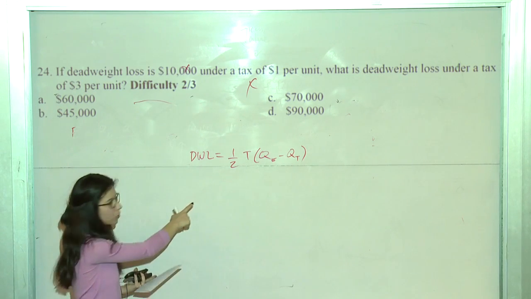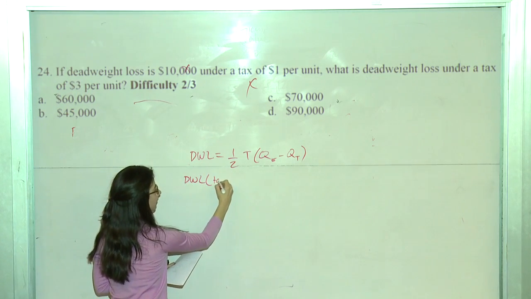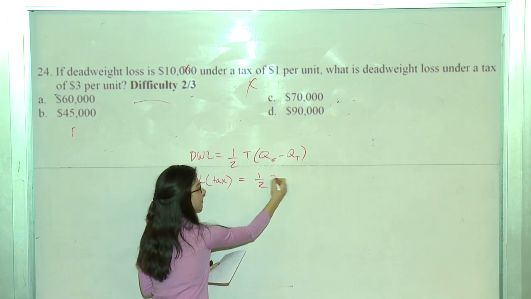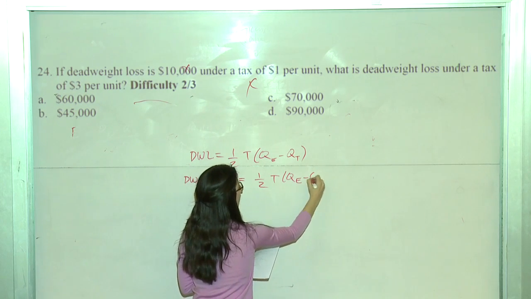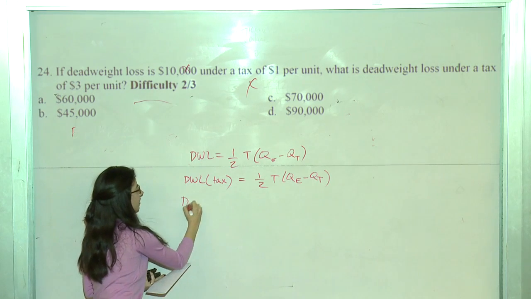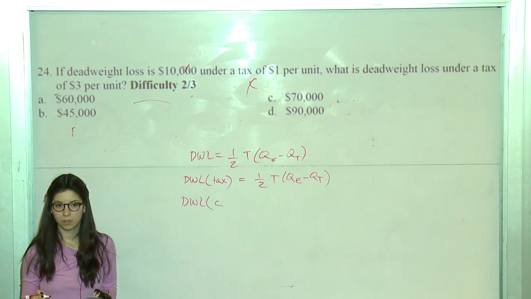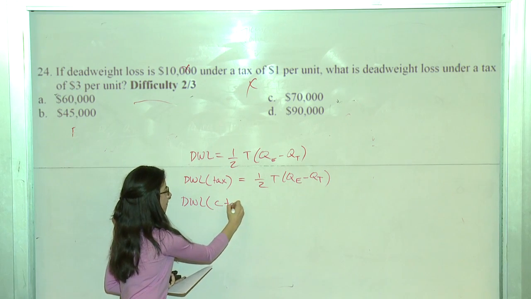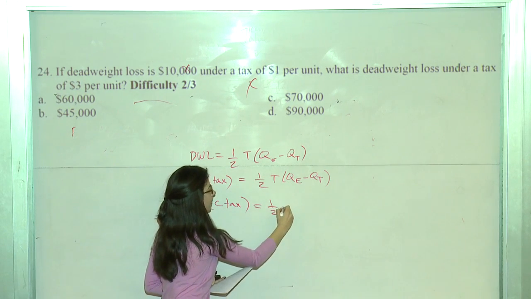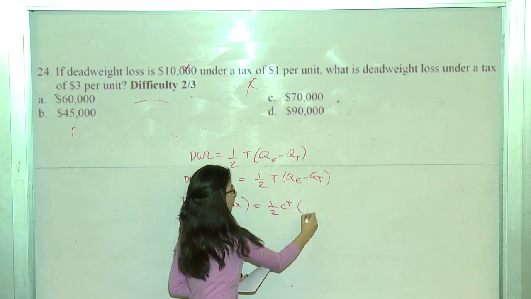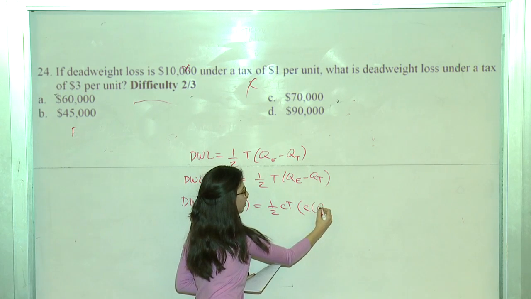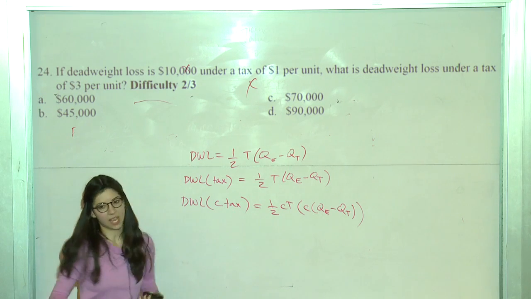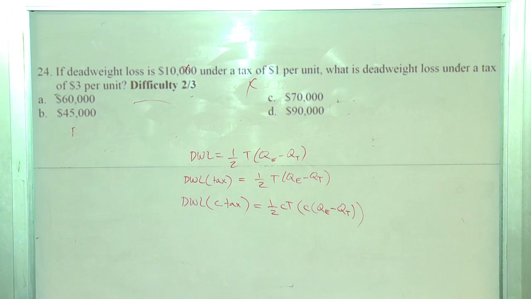If this is the formula that relates deadweight loss for a certain tax, I'm going to write deadweight loss as a function of the tax, which is just this T right here, is equal to 1/2 times that actual tax, QE minus QT, then increasing the tax by a constant, C, is going to not just increase the tax, but it's also going to increase the distance between these two quantities by that same amount, C. So C in this case, this multiple, is what?